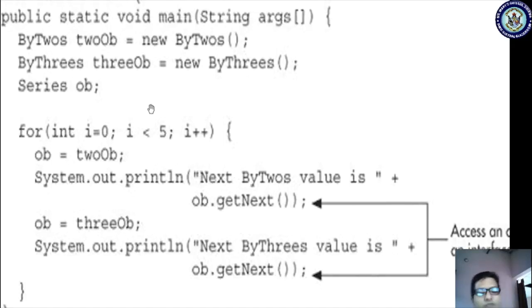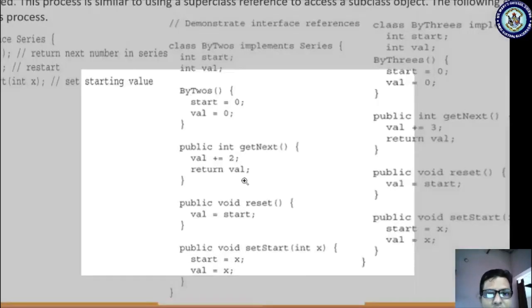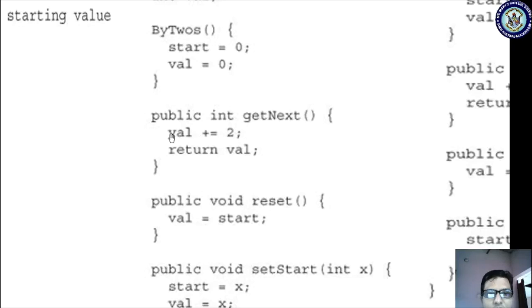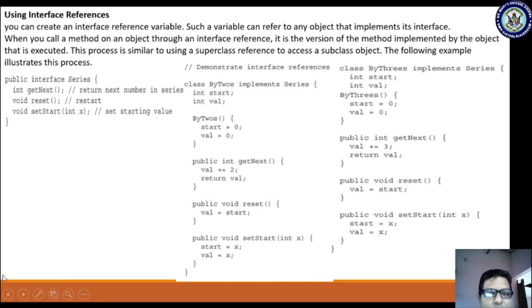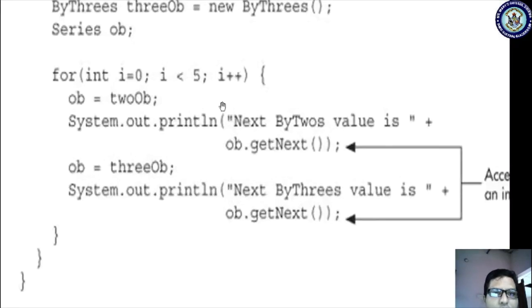The value is already set as 0. 0 plus equal to 2, that means the value becomes 2, and it returns 2. Next it will come to the i incrementation. Now i becomes 1. Sorry, it has not finished.